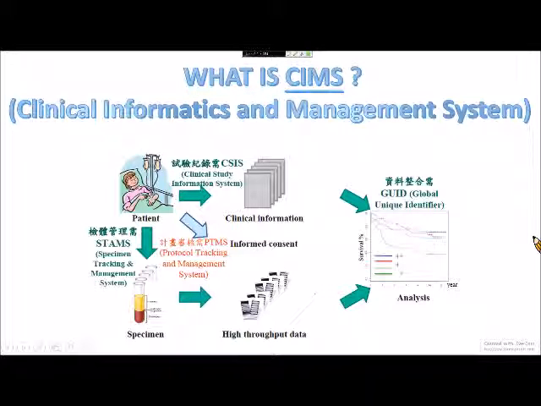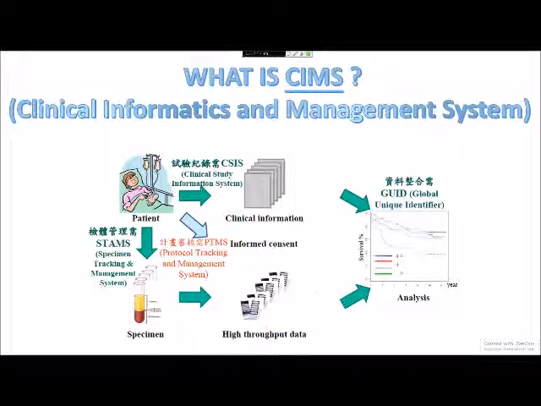And what is CIMS? CIMS is Clinical Informatics and Management Systems. National Yangming University introduced the Clinical Information Management System in 2007 by the National Institutes of Health in order to promote cooperation with physicians and hospitals.